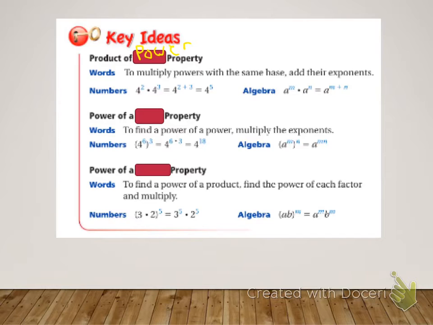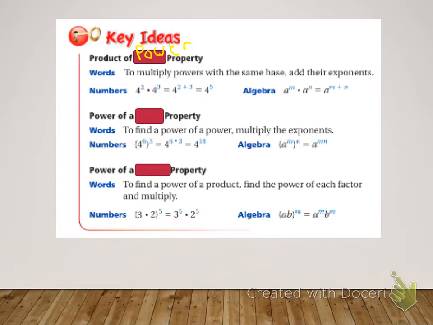If you're looking at this as far as numbers go, you've got your 4 squared times 4 to the third. So you keep the base the same, the 4, and just take the 2 plus 3, which is 5. In algebra terms, that would be a to the m times a to the n, and that's going to be a to the m plus n.